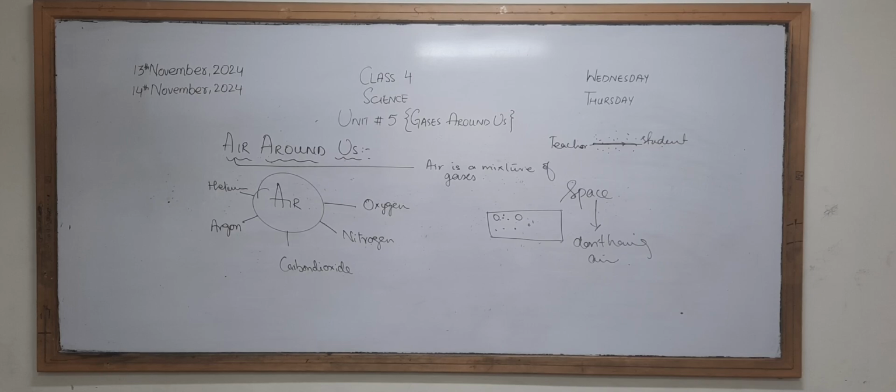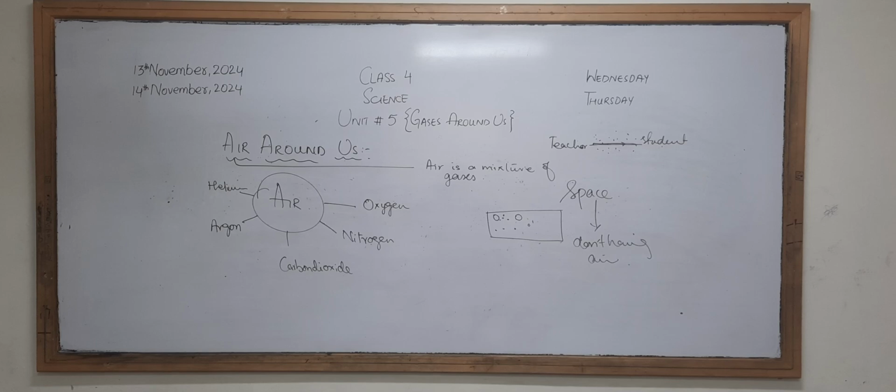Then we discussed that for the traveling of sound, air is a special medium, and without a medium sound cannot travel. We can say that space is a vacuum, and in a vacuum sound cannot travel, because there is no medium there.